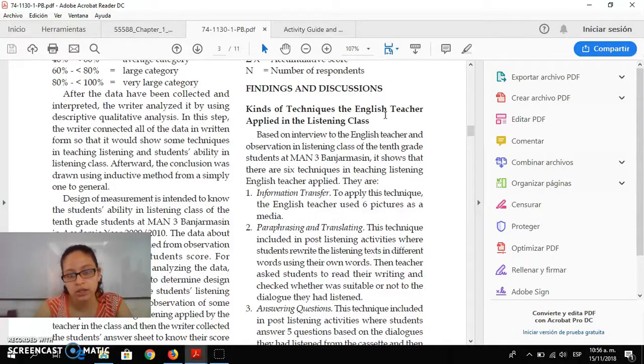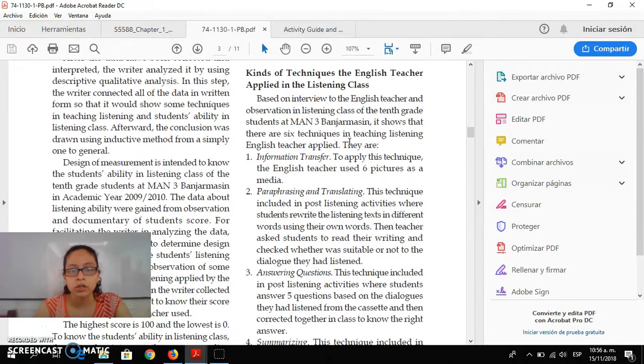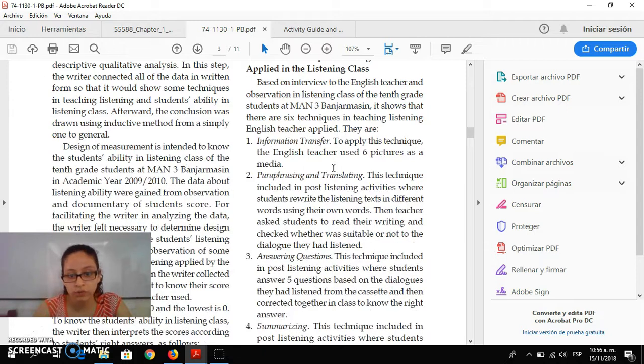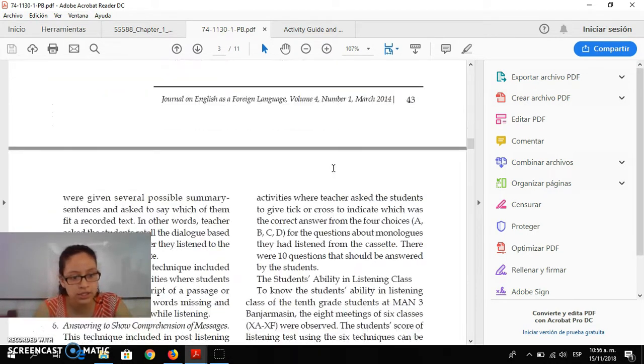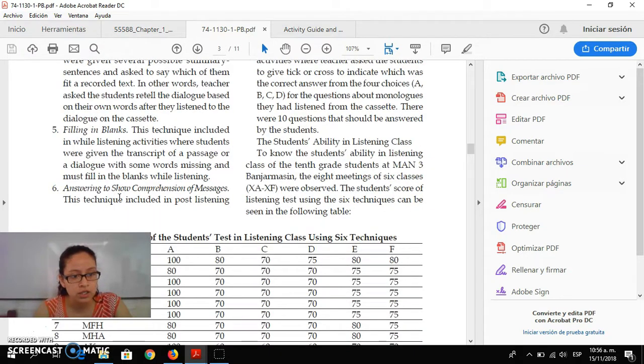So exactly as the writer said in the article, we can find here the findings and discussions, kinds of techniques the English teacher applied in the listening class, and then the article shows every single technique that they found, such as information transfer, paraphrasing and translating, answering questions, summarizing, filling in blanks, and answering to show comprehension of message. And then the article describes every single technique with all the data that has been found about these techniques.